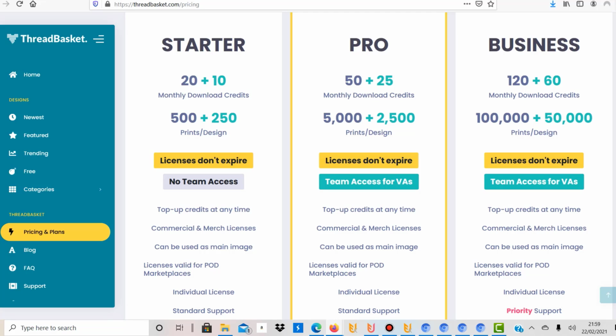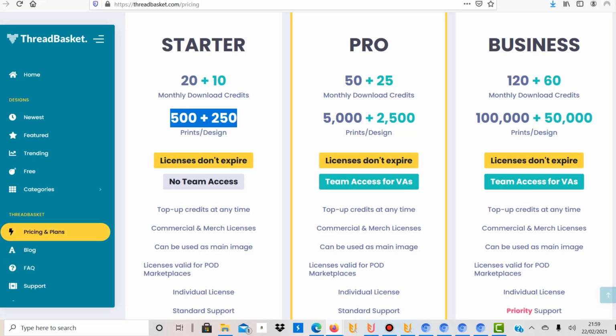Then if you go for Starter, you can sell a maximum of 750 prints per design. This is quite a high number, but I don't really like this limitation. If you, for example, sell 751 designs, then you have to get another license.